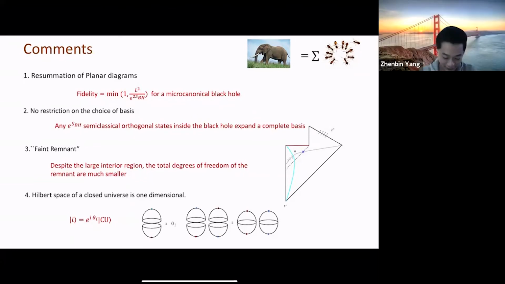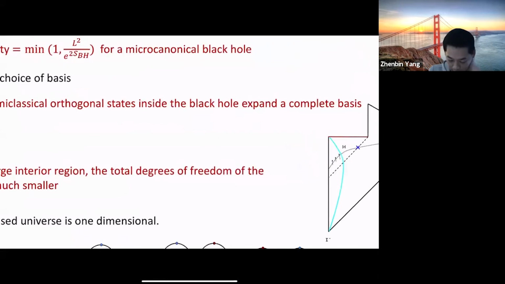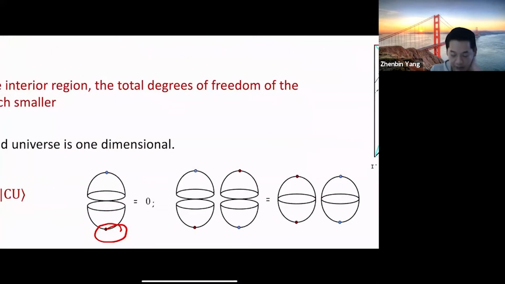Okay, let me explain this cartoon a little bit. So imagine we are doing some gravitational path integral that only involves a closed universe. Because the closed universe does not contain any spatial boundary, we will only fix the initial condition of how we create this closed universe. That is labeled by these red and blue dots.